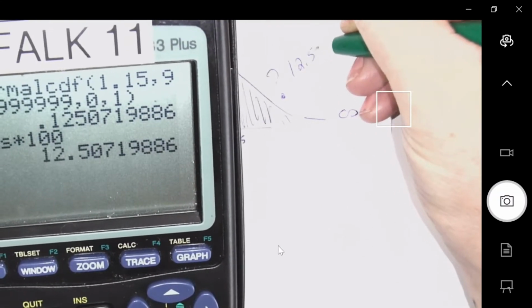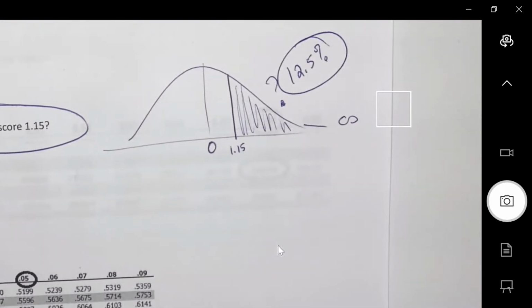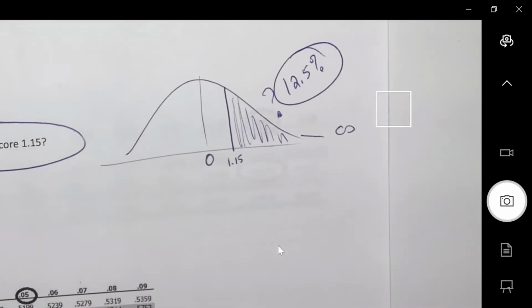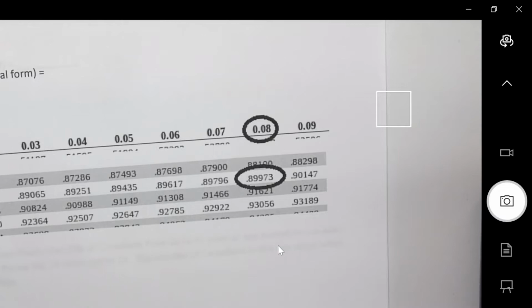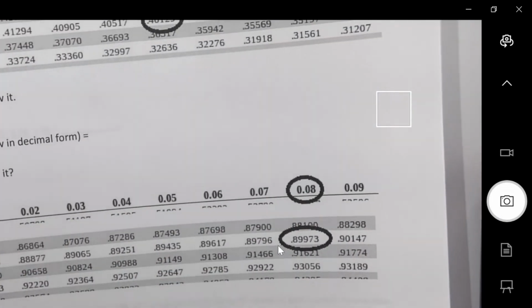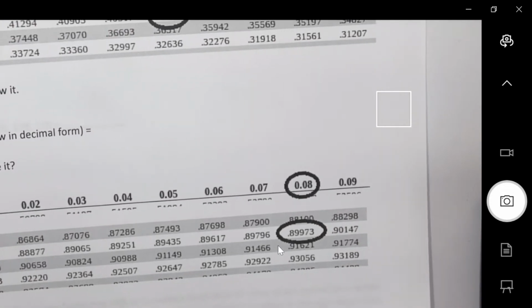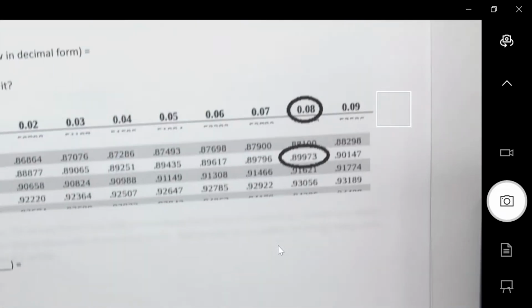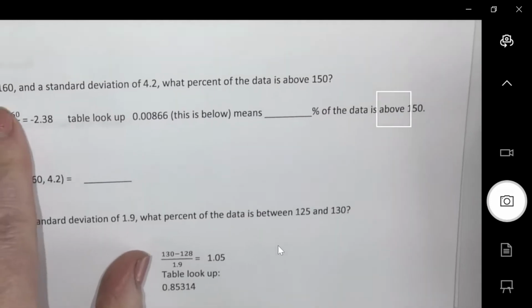So 12.5% of the data is above that. Okay. I'm going to skip those examples and come back to them later. So I'm going to go to this one here.